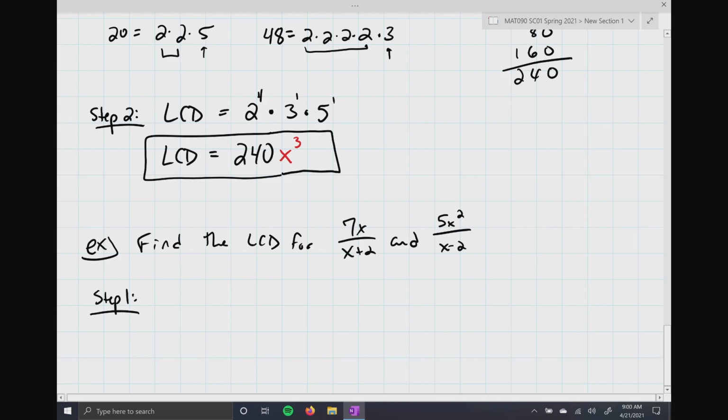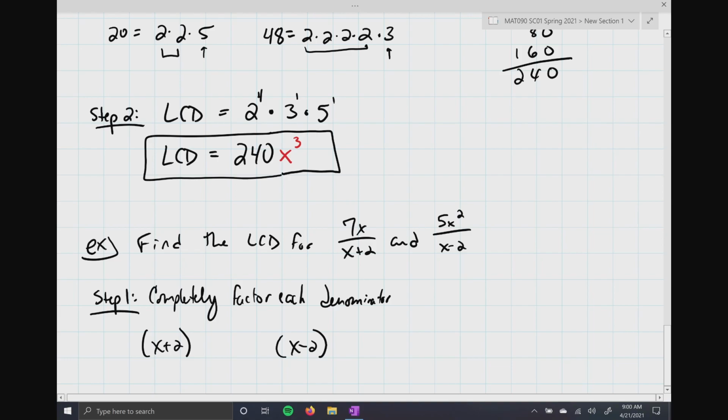Step 1, you're going to completely factor each denominator, just like in the step above. So I look at my first denominator. It's x plus 2. It's already factored. The second denominator, x minus 2. That's already factored.